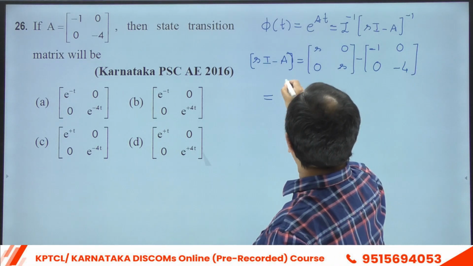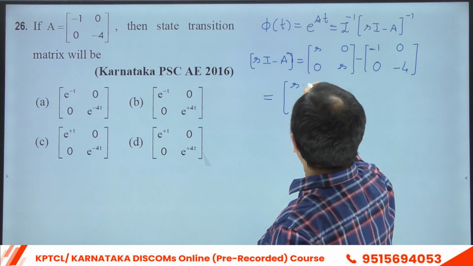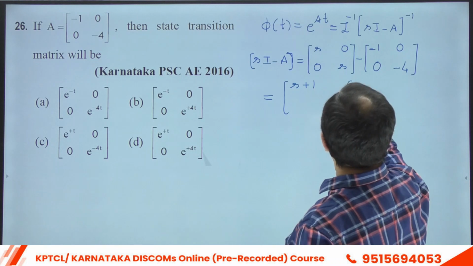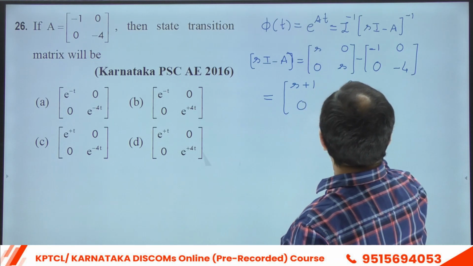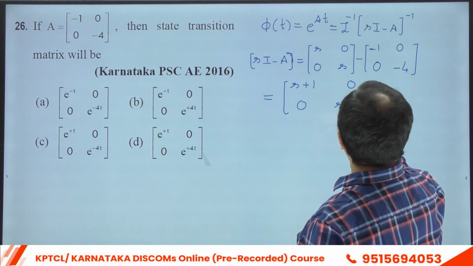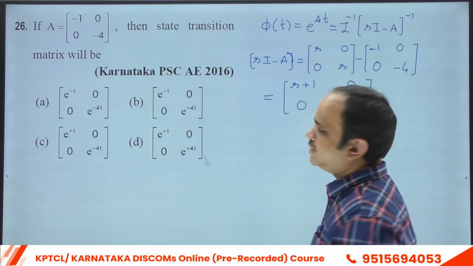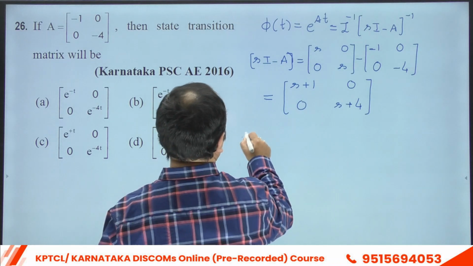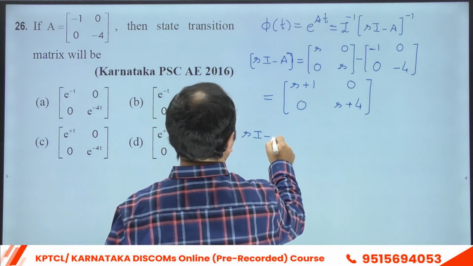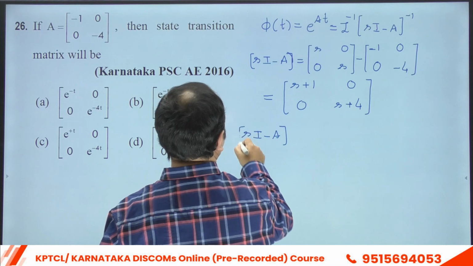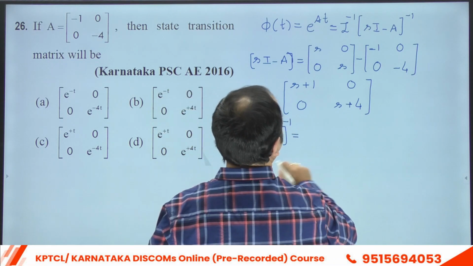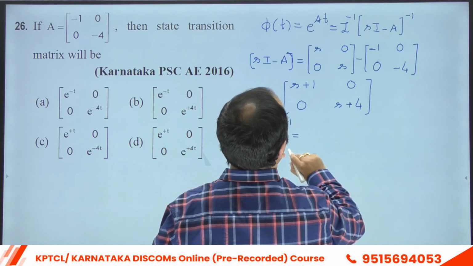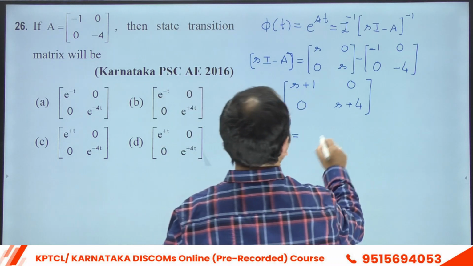This will give you [s+1 0; 0 s+4]. This is sI minus A. Now let us find (sI minus A) inverse.